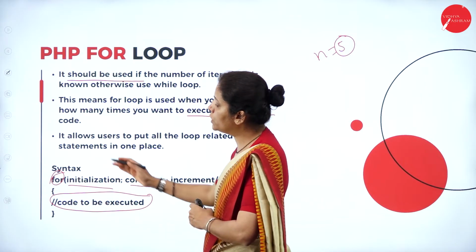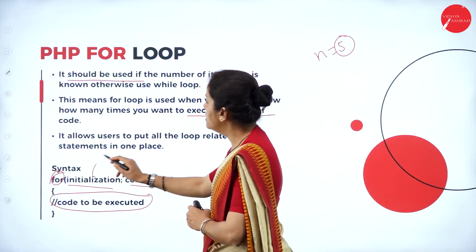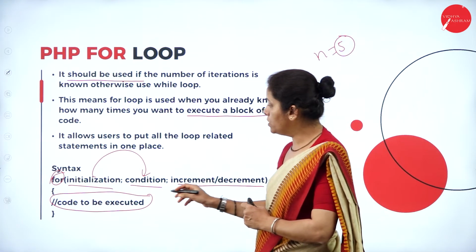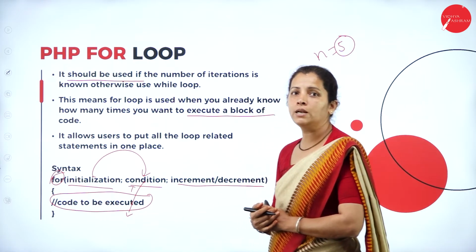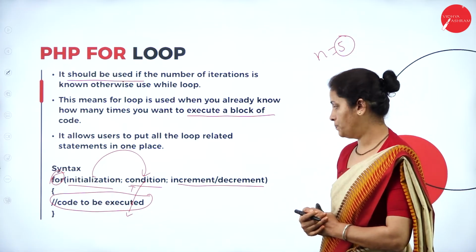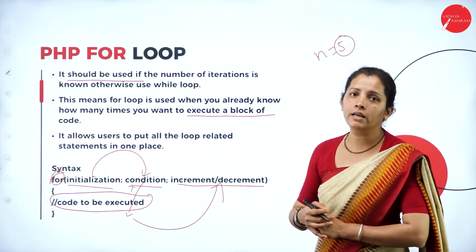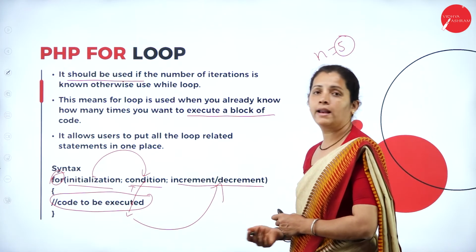First it's going to initialize the value. Once the initialization is done, it's going to check the condition. If the given condition is true, it's going to execute the block of statements which is inside the for loop. After that, it's going to perform the increment or decrement operation based on the program requirement.